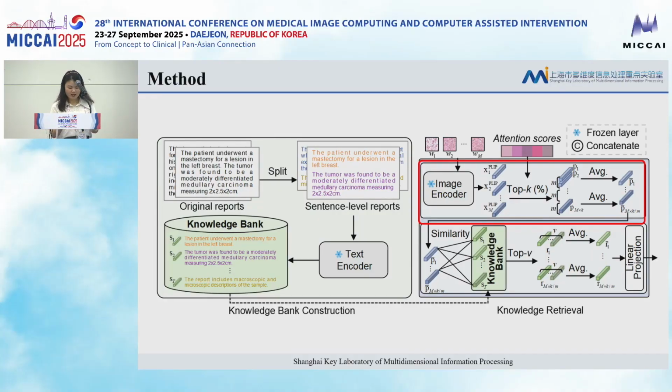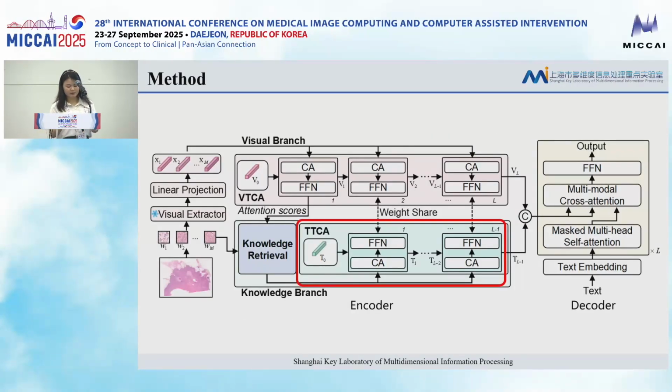The knowledge branch then fills a learnable text token with the retrieved features to extract key semantic information. Finally, the visual and text tokens from the encoder are fed into the decoder to auto-regressively generate the pathology report.